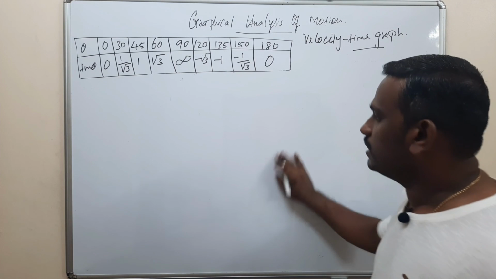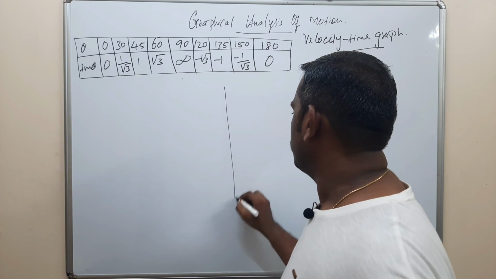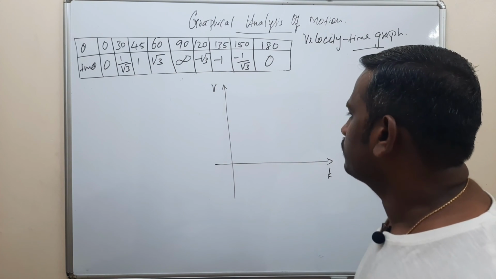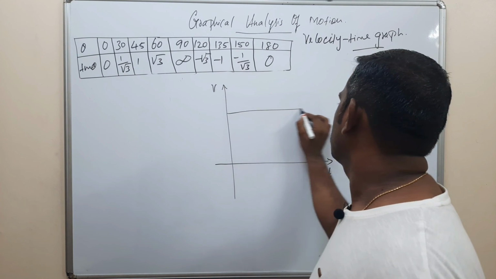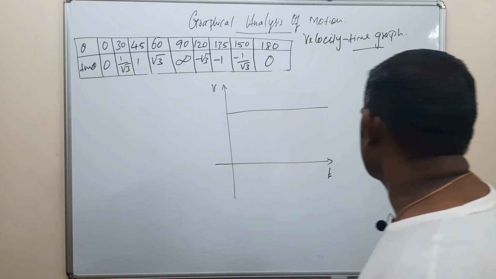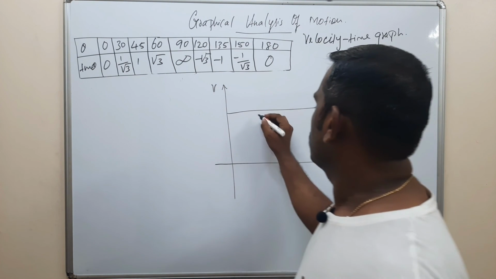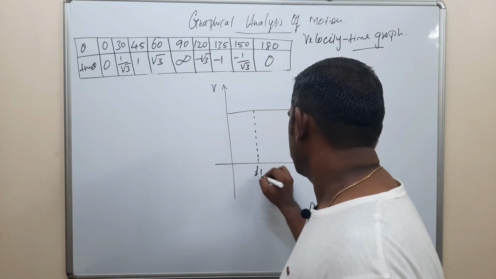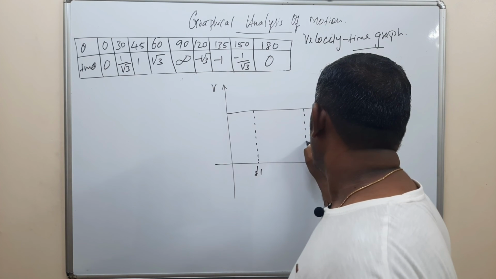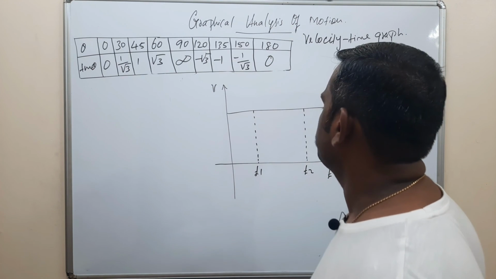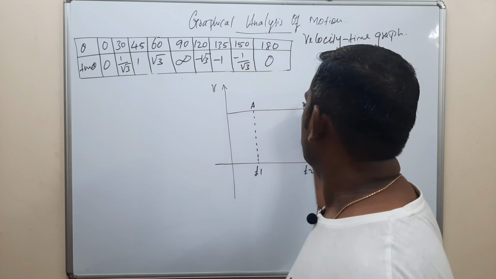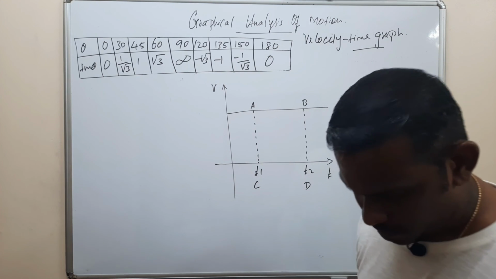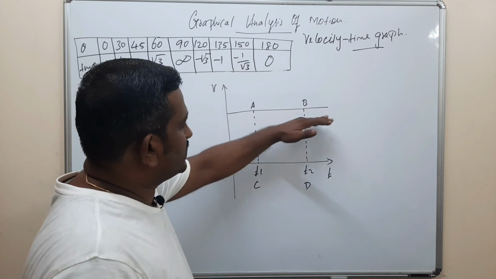Then consider the velocity time graph, a horizontal straight line, that is velocity is constant, between times T1 and T2, with points A, B, C, D. So this is a velocity time graph.